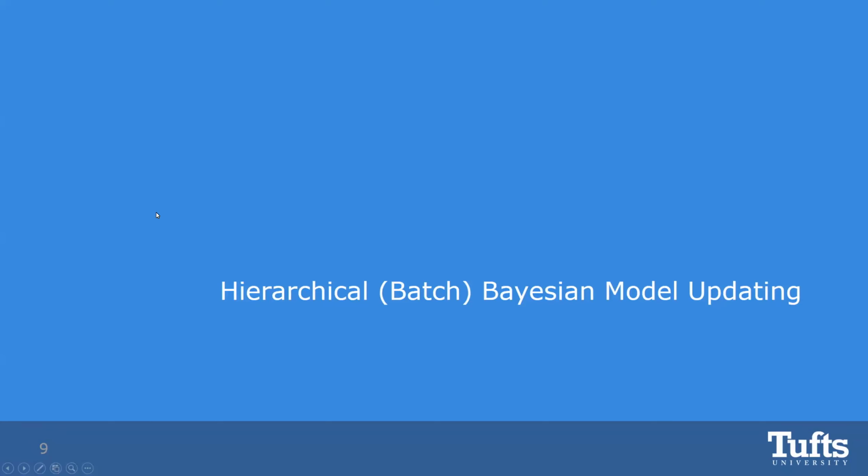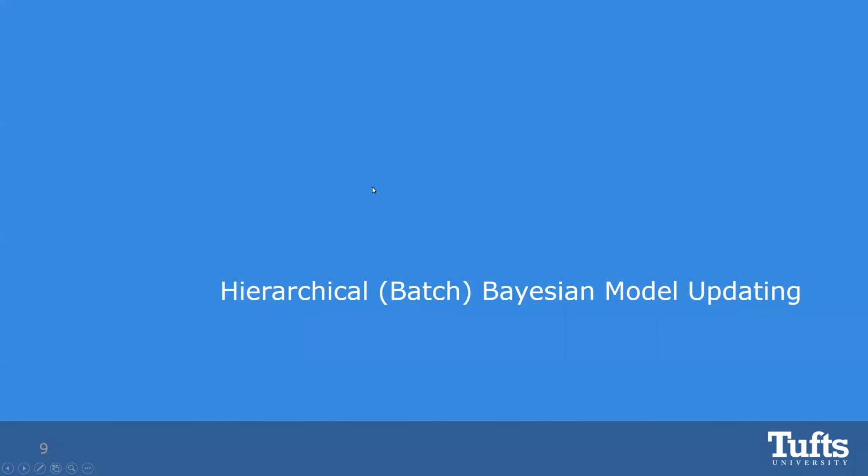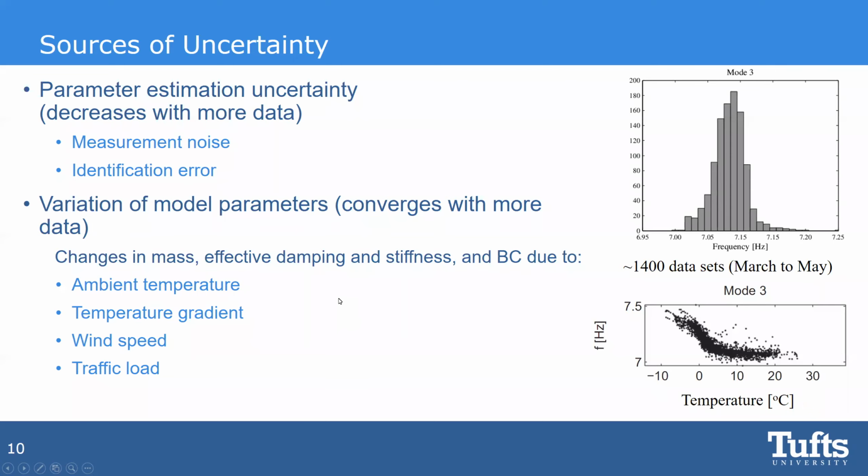I was a batch guy for a long time. We went, tested stuff, collected data, came back to our office, and processed them. Now, we looked in the literature and noticed that the hierarchical Bayesian is very suitable for structural engineering and civil engineering applications.